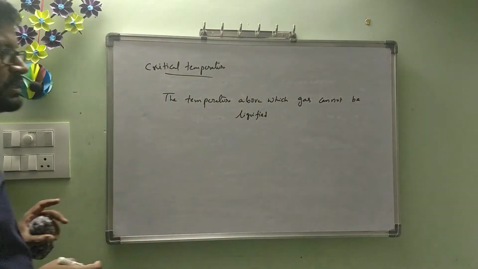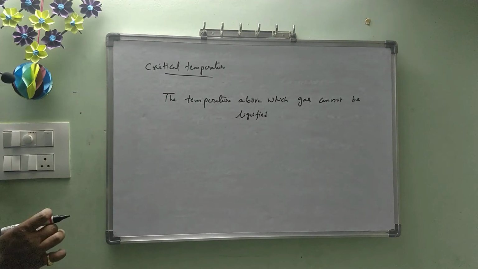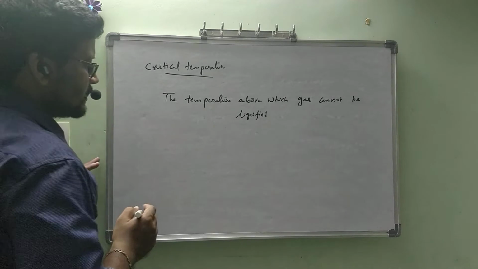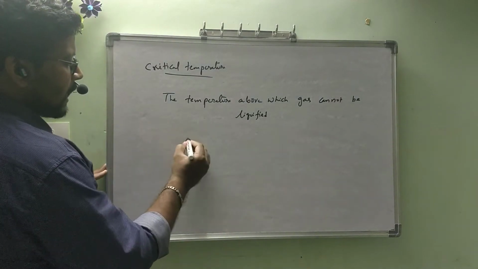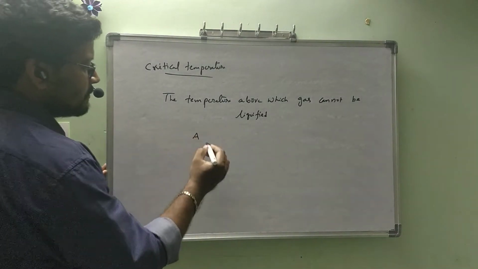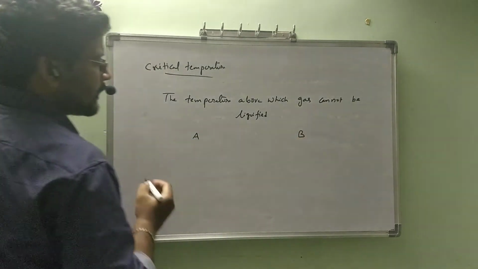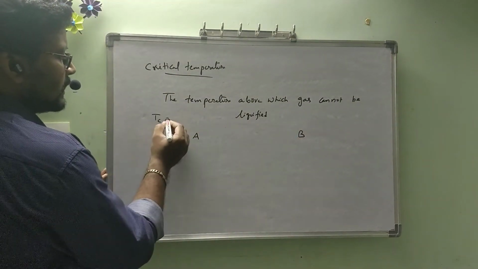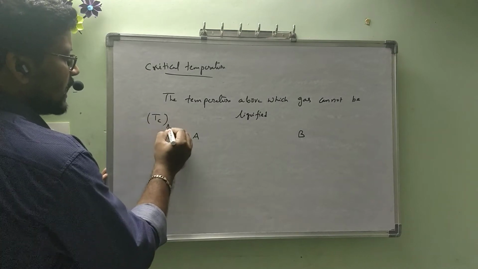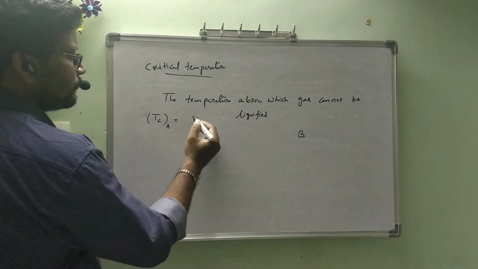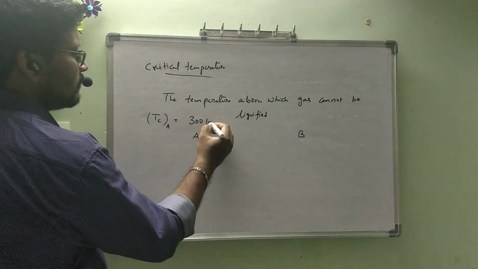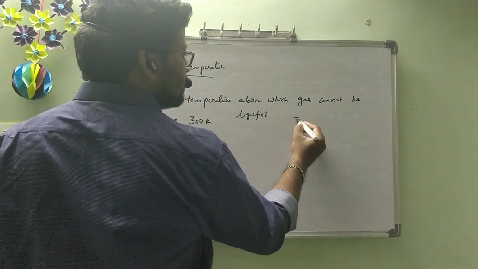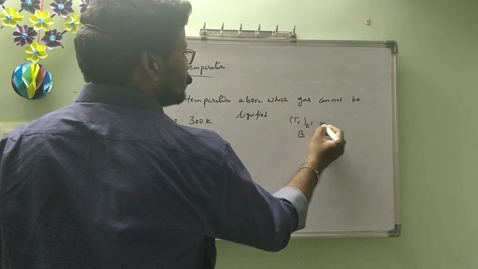Let us consider any two gases A and B. Critical temperature is represented by Tc. Critical temperature of A is equal to 300 Kelvin. Critical temperature of B is equal to 1000 Kelvin.